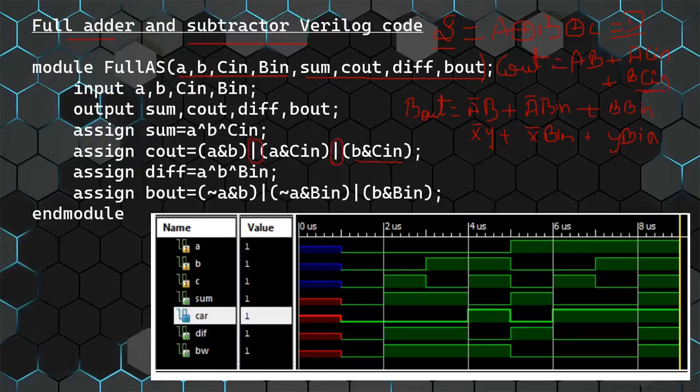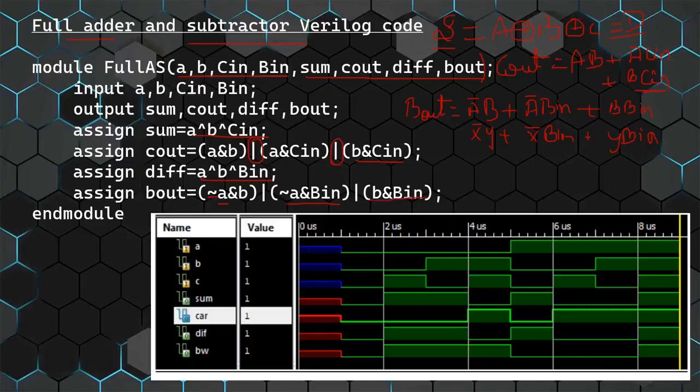Then assign, what is difference? As it is as sum. Then assign borrow out: not A and B, or complement of A and B in, or B and B in.